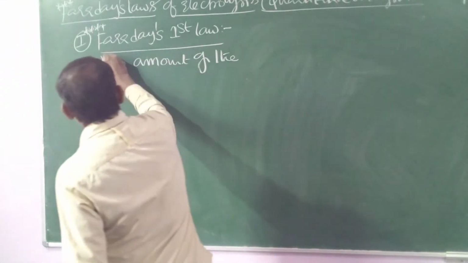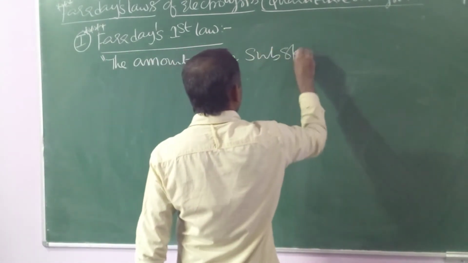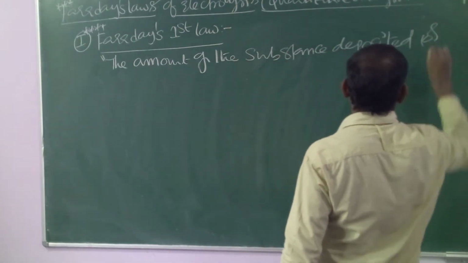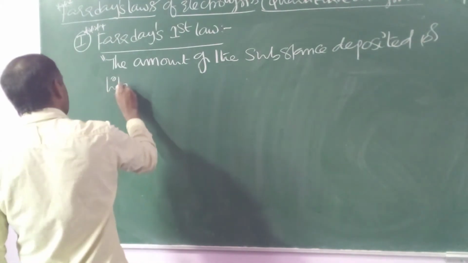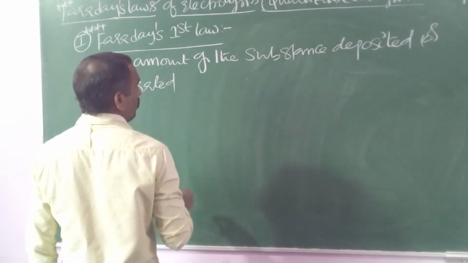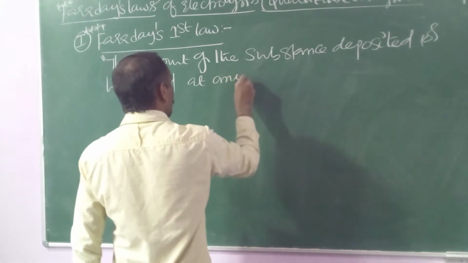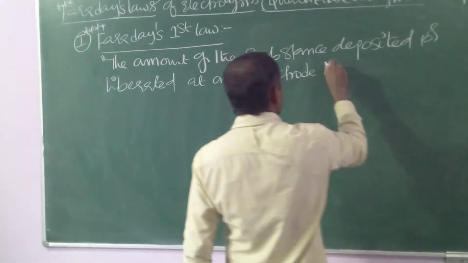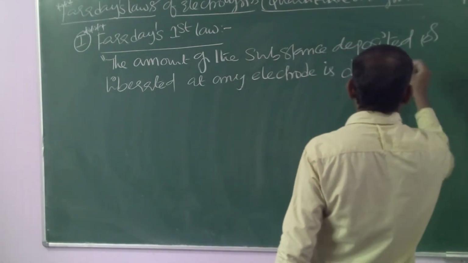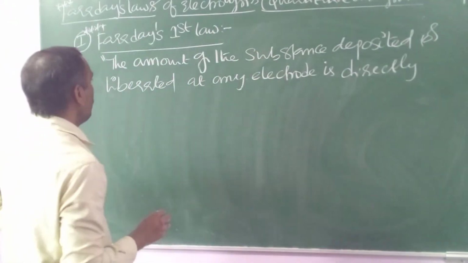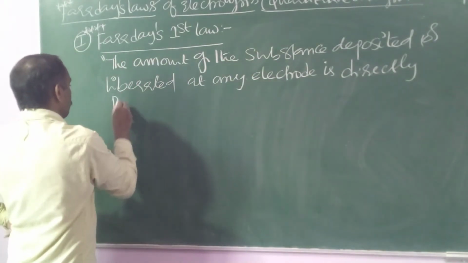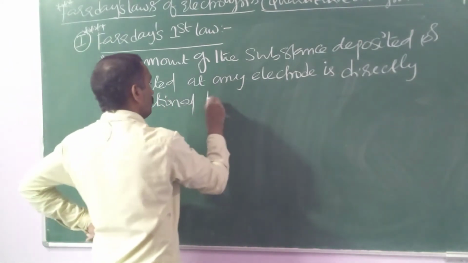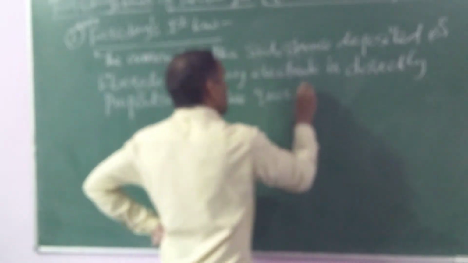So the amount of the substance deposited or liberated at any electrode is directly proportional to the quantity of electricity passed.